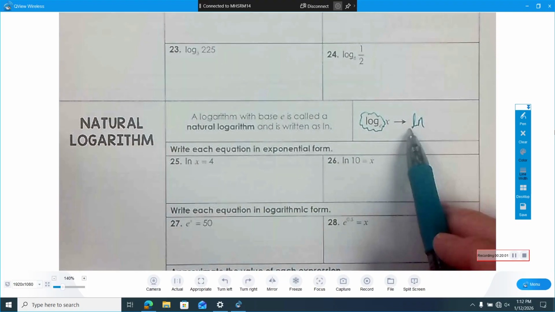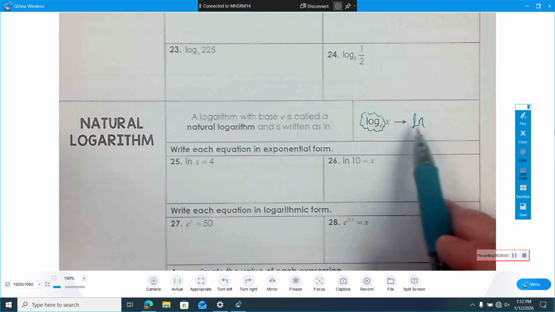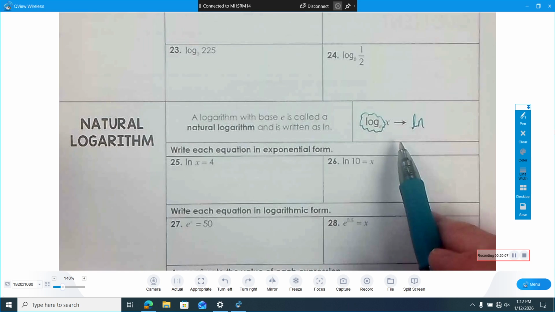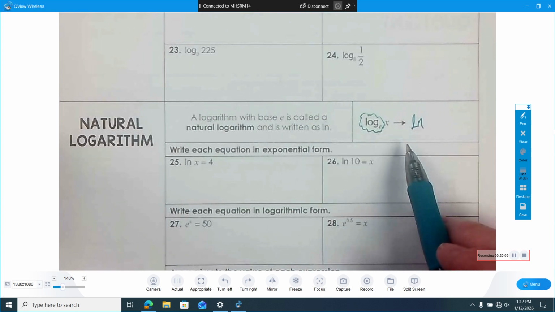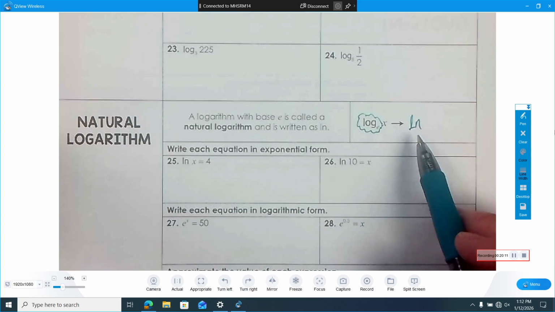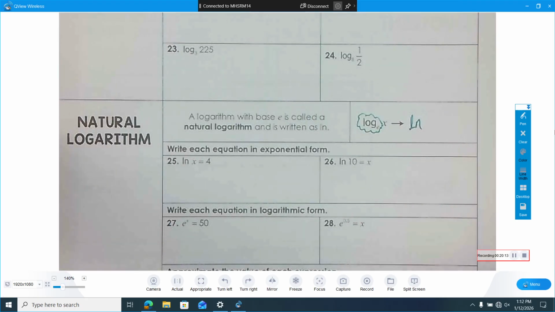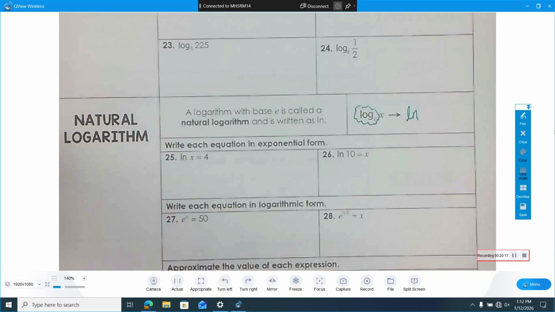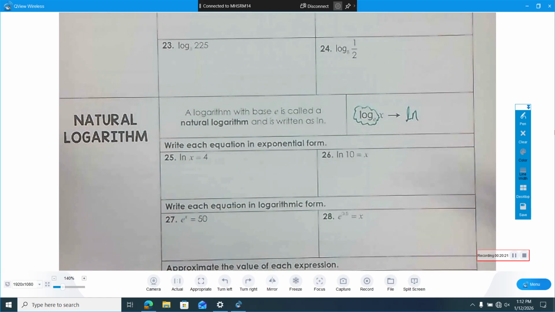Now, why is it ln and not nl, natural log? Because it's Latin. There was Latin first. That would have been logarithm natural or something like that. So who knows? But the noun came before the adjective there, which is why it's backwards.